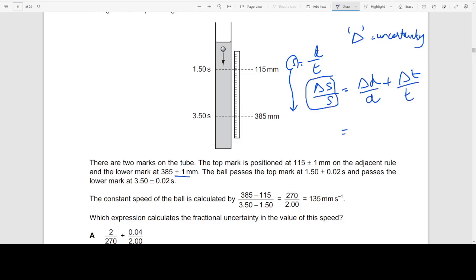To calculate delta D upon D, we need to find the values of D. So D is just this distance, which is 385 minus 115. I'm not looking at the units right now because delta D and D both will be in millimeters, and the units won't matter because they're effectively going to get cancelled in the end. So 385 minus 115 is 270 millimeters, and these are the uncertainties in the distances.